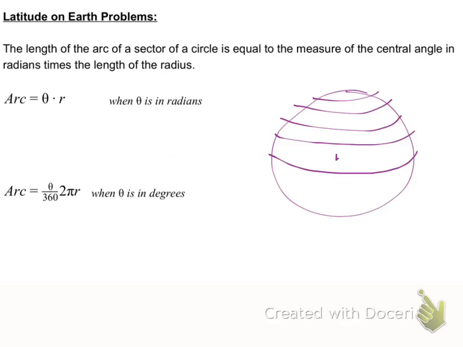We're going to find the arc length of any particular city's distance from the equator, or figure out how far two cities are apart. I think we have done this before.